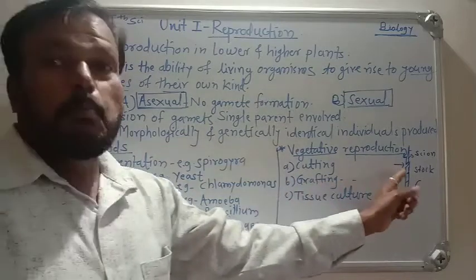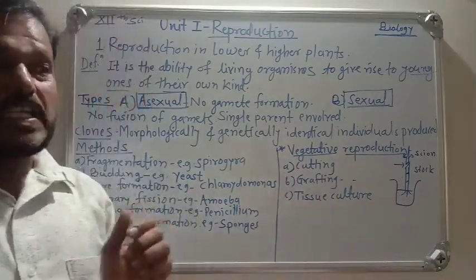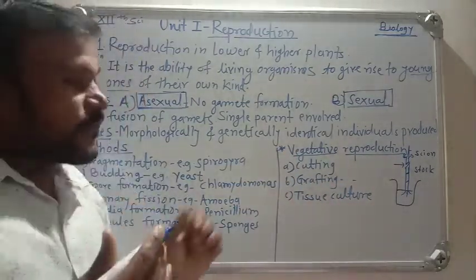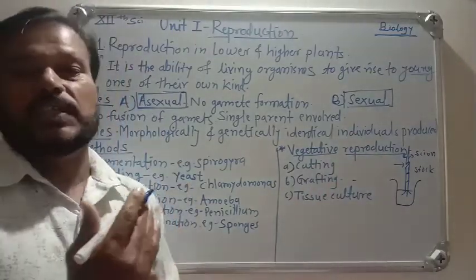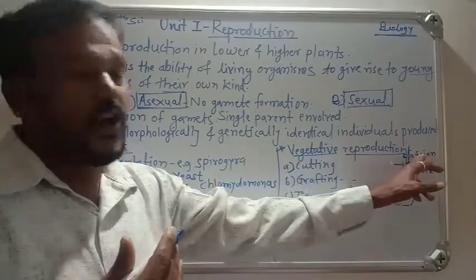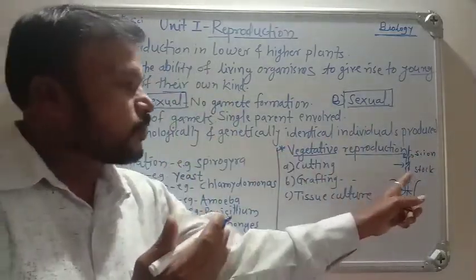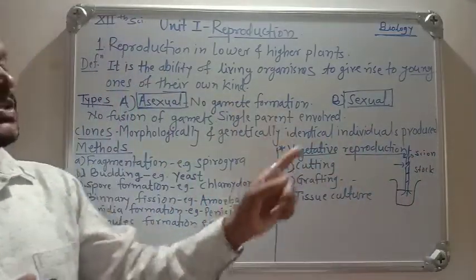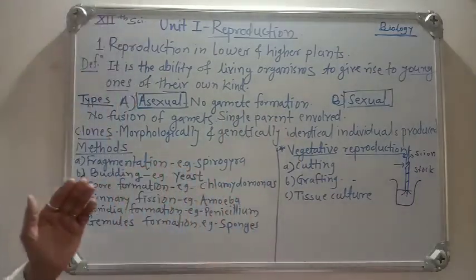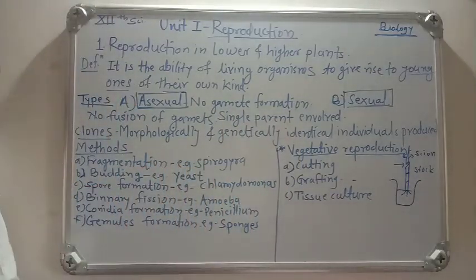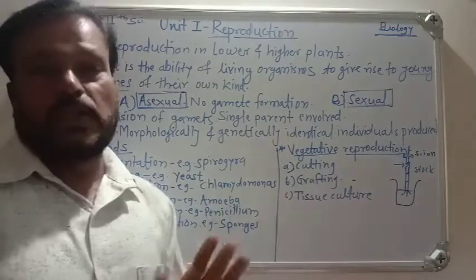In grafting, bud grafting is also done. Then what is bud grafting? In case of grapes, rose, only a single bud is taken out from the scion plant and it is grafted on the stock plant, and this process is called bud grafting. It is a popular process in fruit plants like guava, apples, grapes, etc. And the third one, tissue culture.